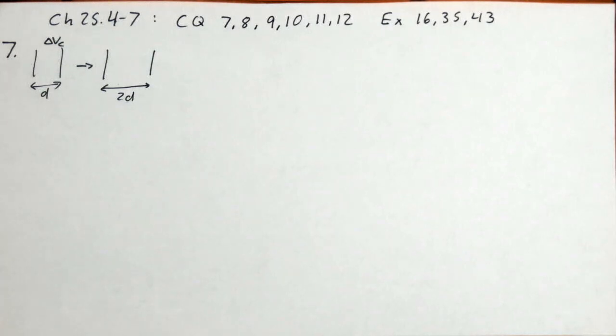What does using insulated handles mean? And what did changing the gap to 2D do to the charge on the plates, the electric field inside the plates, and the potential difference across the plates? First of all, the insulating handles mean that no charge can leave.